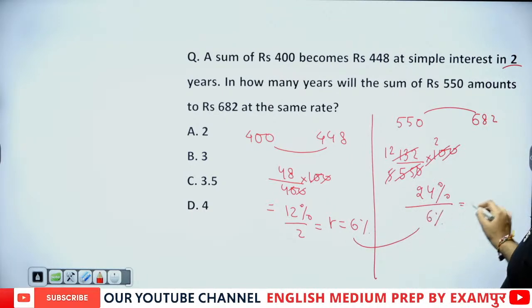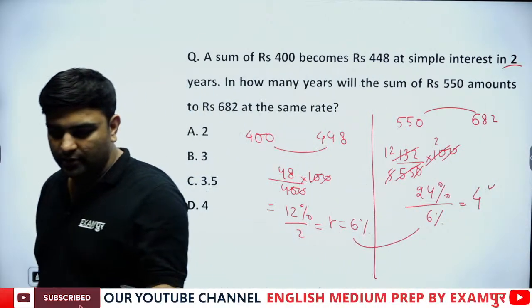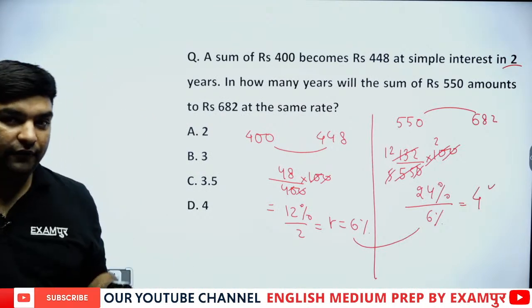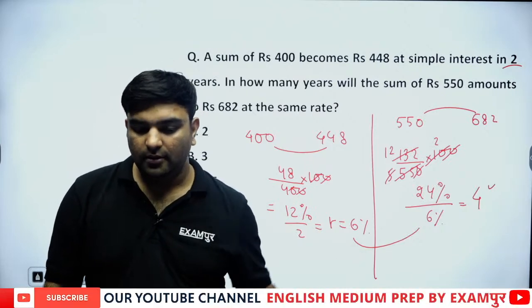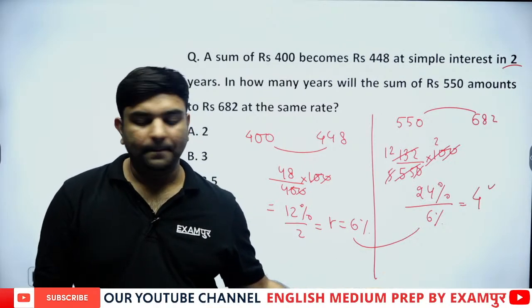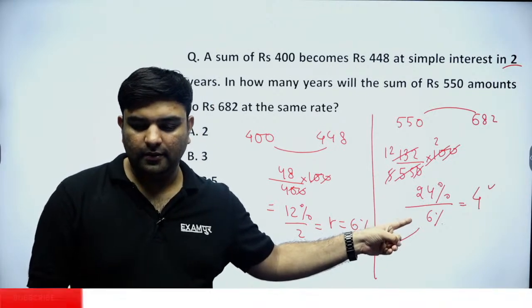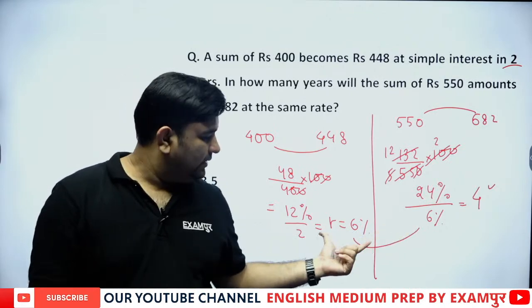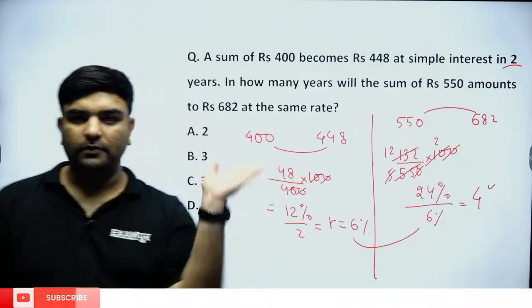How much time will it take? 4 years. A bit shorter in writing, but only if you are comfortable with the previous method. Correct? Looking a bit shorter, but the logic should be clear that way as well.